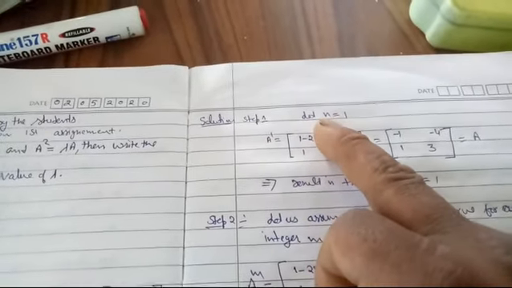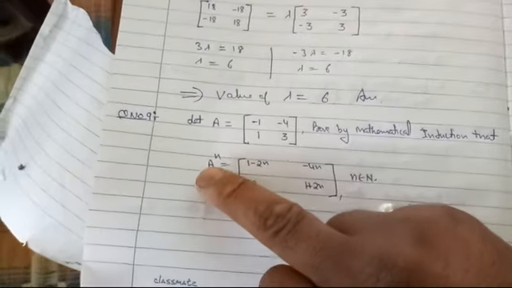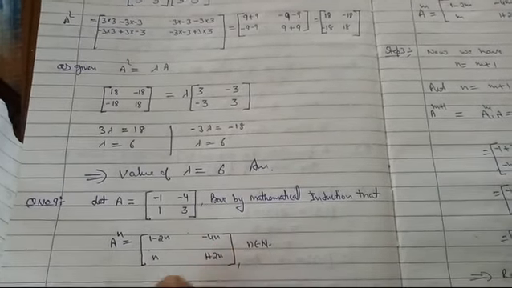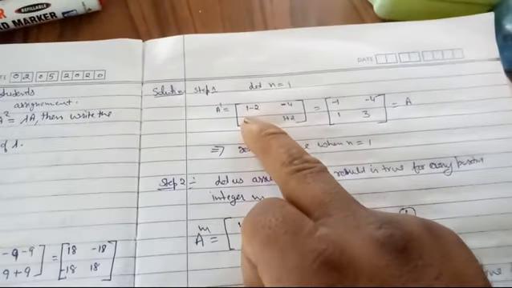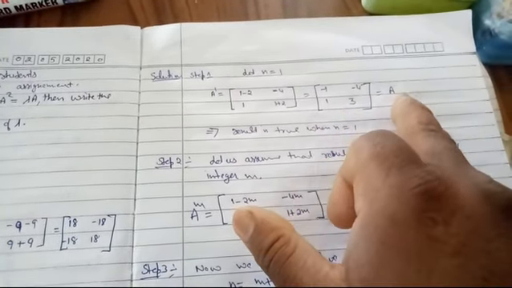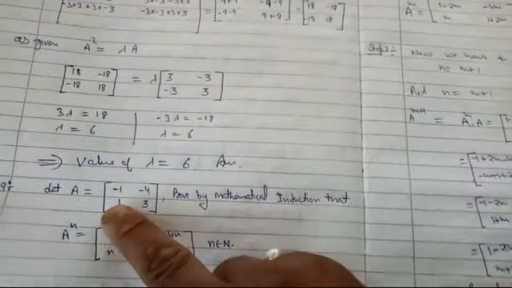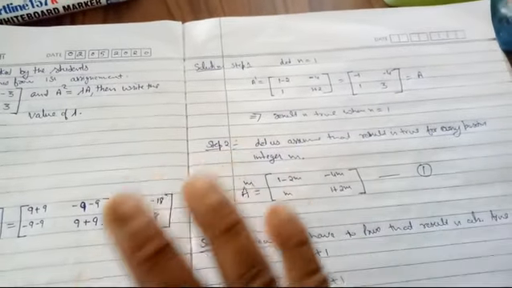In step 1 we take n is equal to 1. In place of n we put the value 1. So it is 1 minus 2 into 1, minus 4 into 1, 1, 1 plus 2 into 1. Then we have minus 1, minus 4, 1, 3, and this value is equal to the matrix A, the same. So the result is true for n is equal to 1.